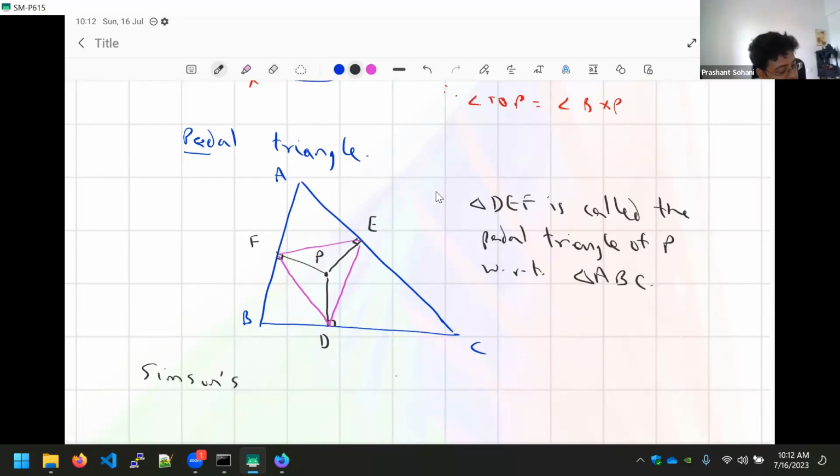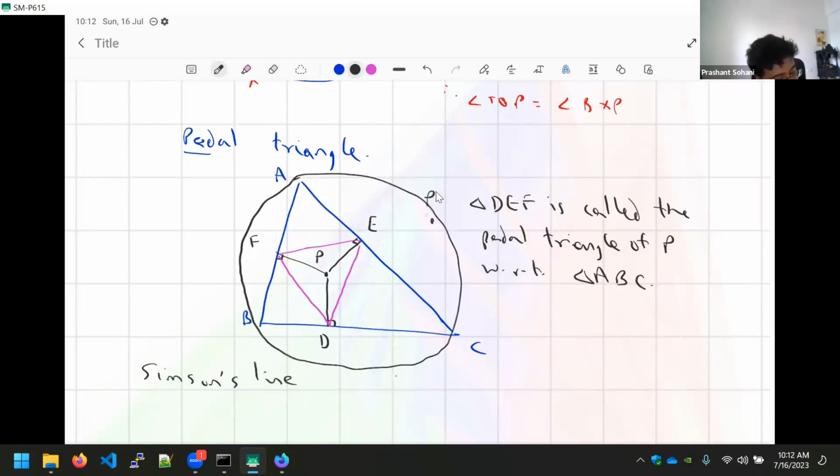So Simpson's line is the line formed when the point P lies on the circumcircle of ABC. So if I choose the point P somewhere over here on the circumcircle of ABC, and from here I draw the altitudes to the three sides, even in my rough diagram you see that they appear to be collinear.